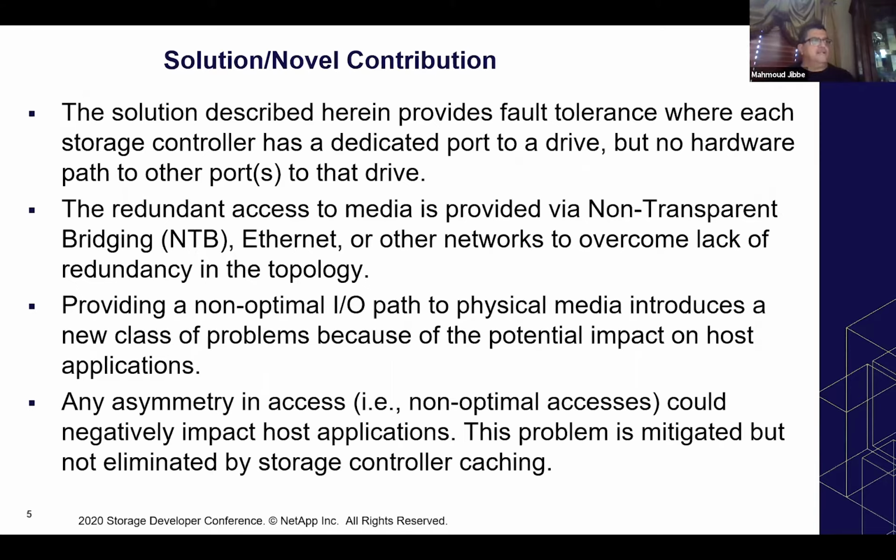The redundancy access is provided via the network between controller A and controller B, as I showed you in the previous figure, via the NTB, or non-transparent bridging, or any other network so that it will provide that redundancy through that network. And it also provides a non-optimal IO path to physical media.